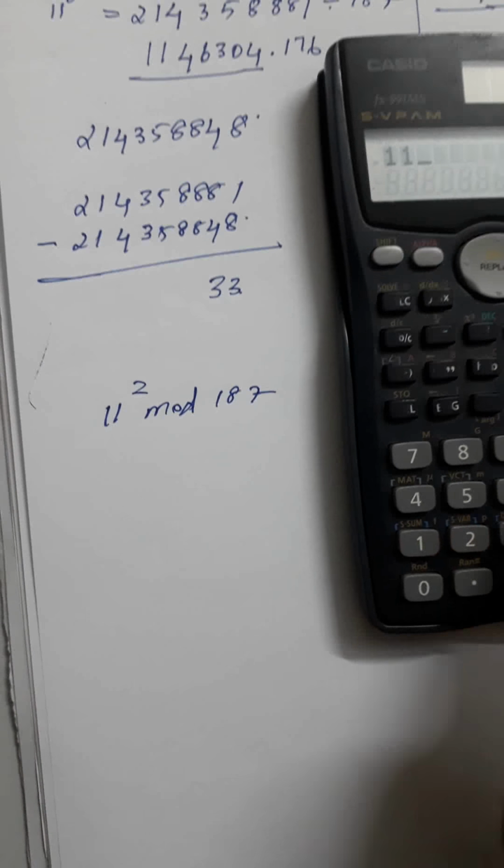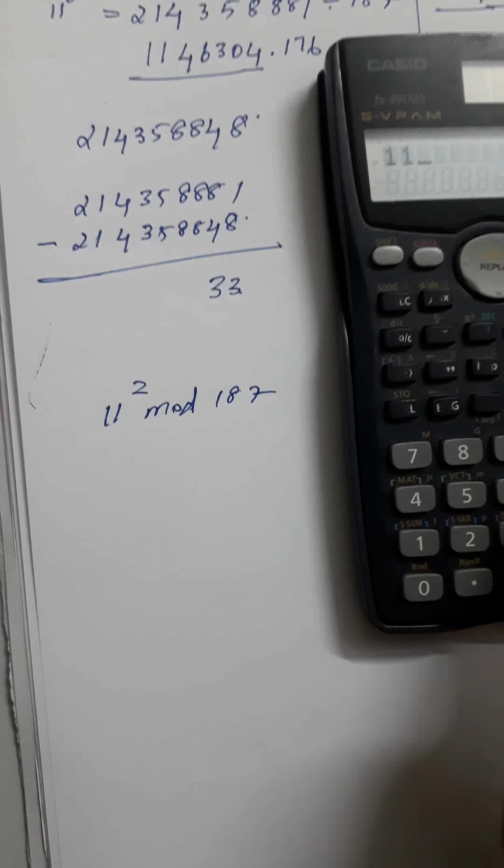As we have two of them, we have written 33 into 33. 11 power 4 mod 187 is 55. 11 power 2 mod 187 is 121. 11 mod 187 is 11. We have the values of 33 into 33 into 55 into 121 into 11.